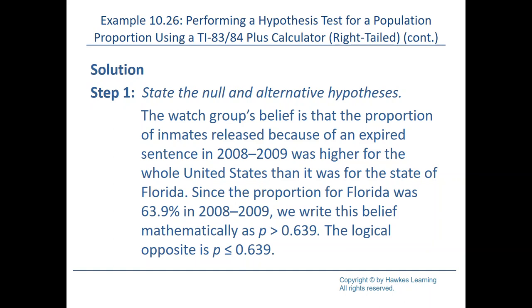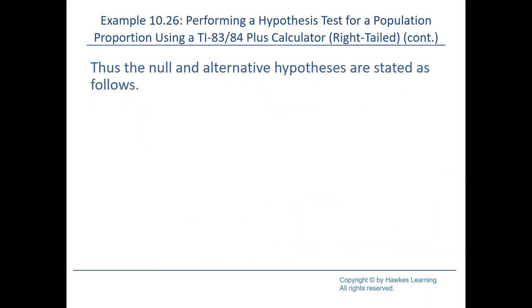And somewhere it talked about, well, they believe it was higher for the whole. So that mathematical belief of being higher is going to be that research hypothesis. So we have our two hypotheses: your null is p is less than or equal to 0.639 and p is greater than 0.639. Again, changing it out of a percentage to a full decimal.